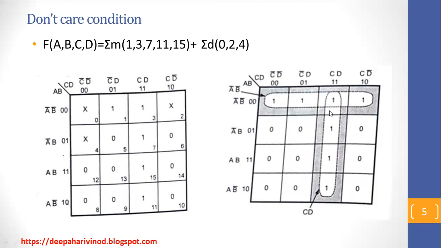If I group all these 4 ones, I can consider this x as 1 and include it in my group. That is the advantage of using don't care. You can either include or neglect, depending on the choice of your group. The expression for this group is A bar, B bar, and for this it is CD.